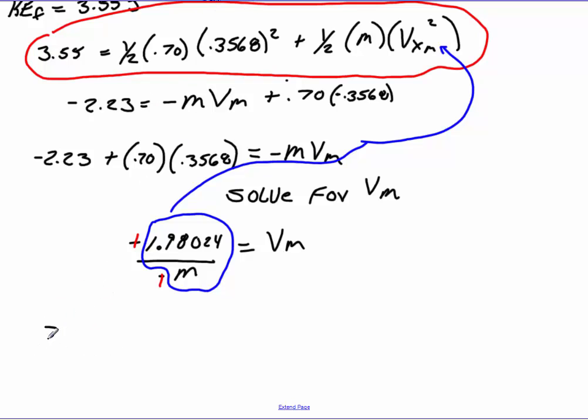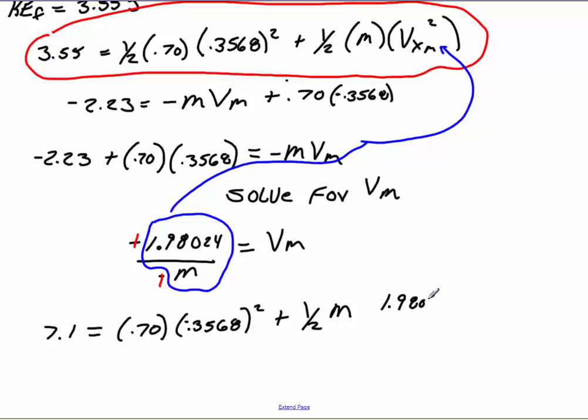That's going to give me 7.1 is equal to 0.70 times 0.3568. Again, you can make that negative, but you're going to square it, so it really doesn't matter. Plus 1/2 times my mass times 1.98024 squared over m squared. Again, you're going to lose a mass here, you're going to lose a square here.